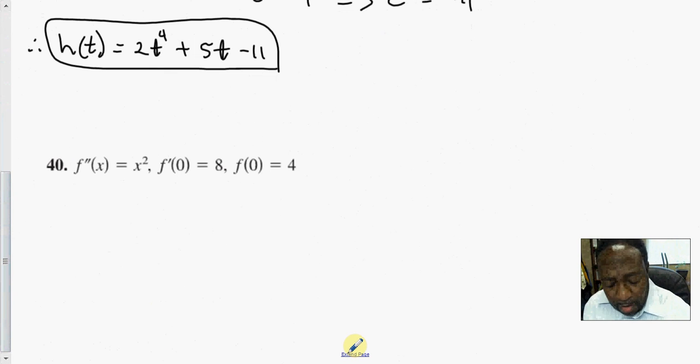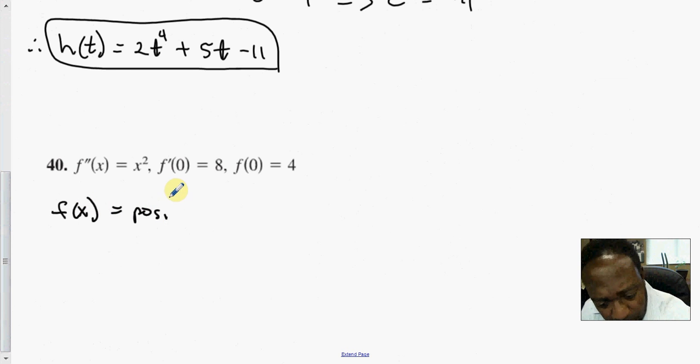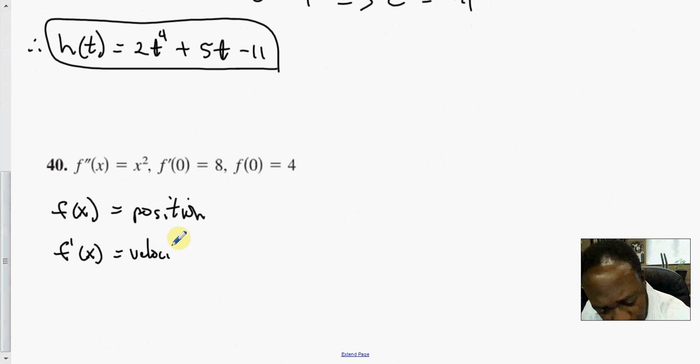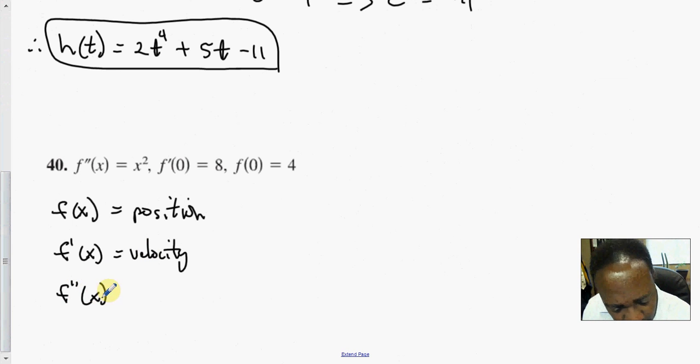Now, it doesn't matter how they expand it. The first derivative, if we have f of x is the position, f prime of x gives us the velocity, f double prime of x gives us the acceleration.